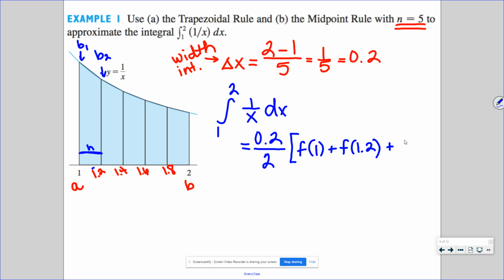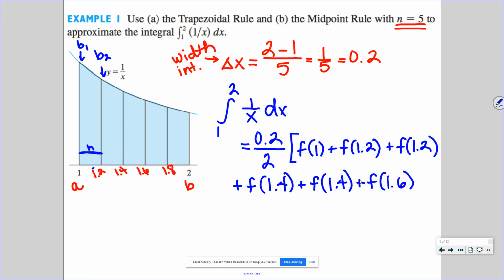Base 1 plus base 2 in the second trapezoid would be f of 1.2 plus f of 1.4. And then continue, so f of 1.4 for the third trapezoid plus f of 1.6. And then for the fourth one, f of 1.6, you get the point.